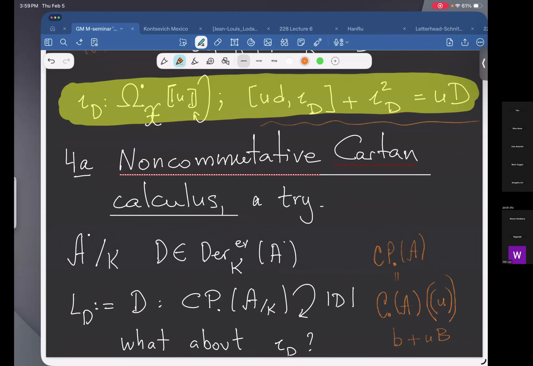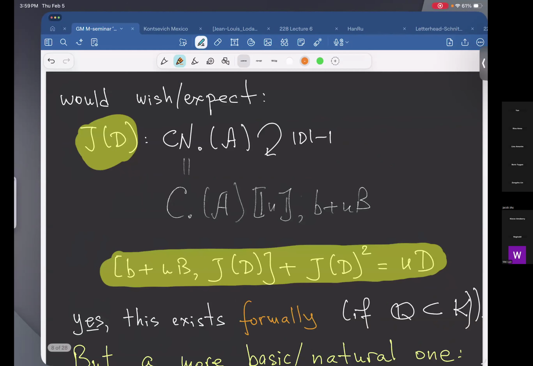And so what do we expect? There would be the analog of iota d. So Cn is negative here.